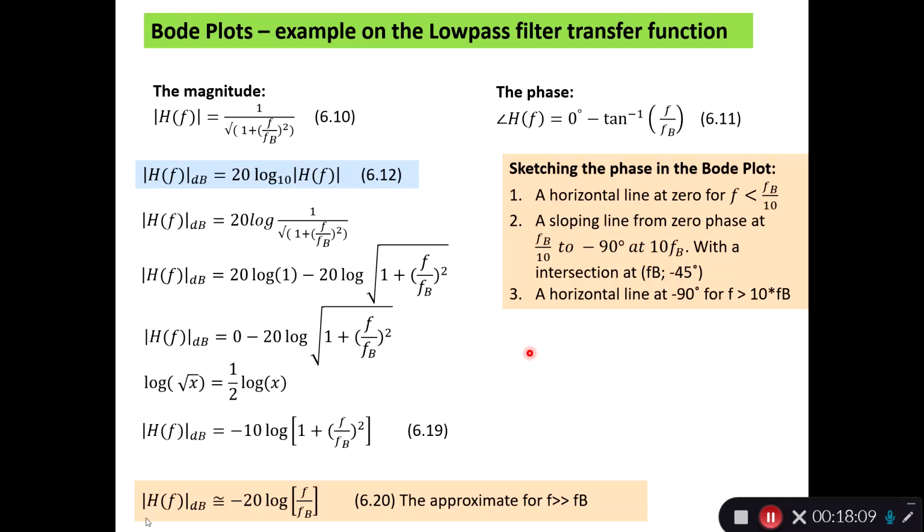And then a horizontal line at minus 90 degrees for frequencies that are higher than 10 times the breakpoint frequency. Oh, my mouse is working a bit strange.